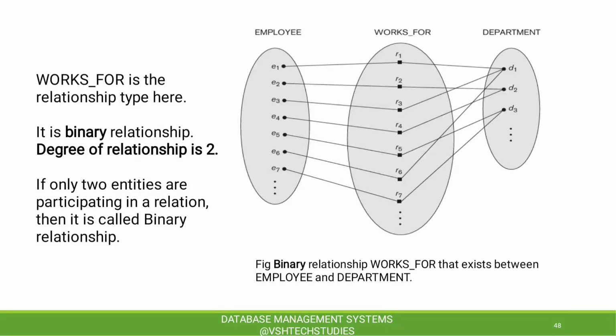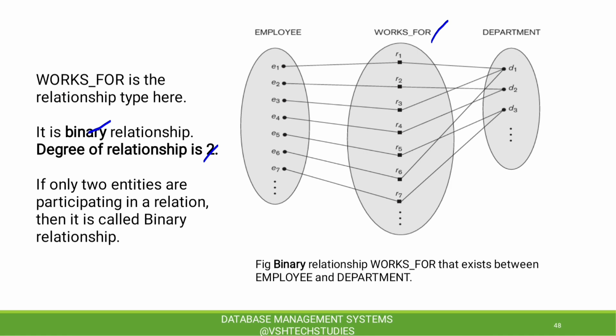So first let us know what is meant by binary relationship. Binary relationship is the relationship which has degree 2, meaning participating entities are 2. So here the works for relationship, if we take a company database, has 2 participating entities.